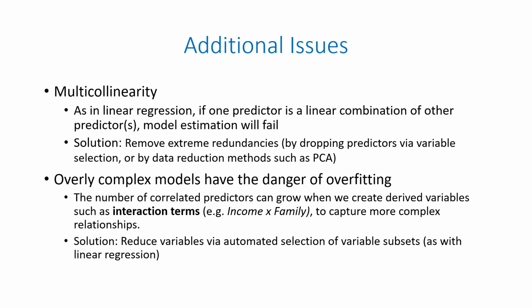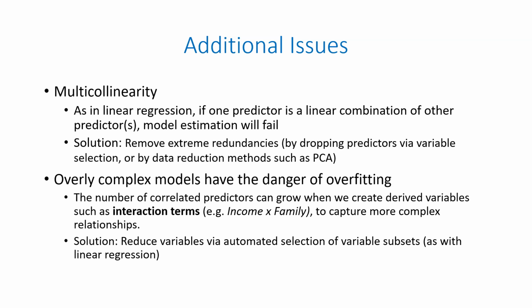Multicollinearity happens if one predictor is a linear combination of other predictor or predictors. The solution to this problem is to inspect the predictor variables prior to performing logistic regression and remove variables that are highly correlated. Another technique is to use principal component analysis or PCA to remove any redundancy in the data.